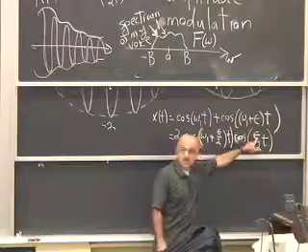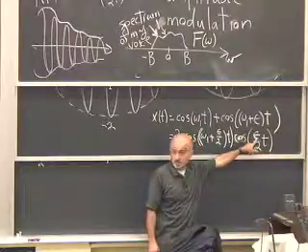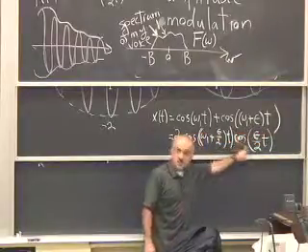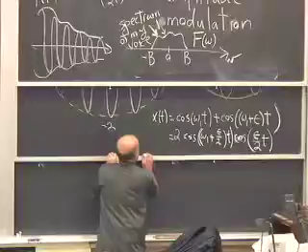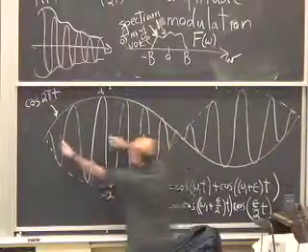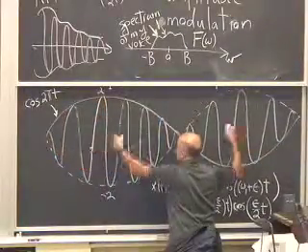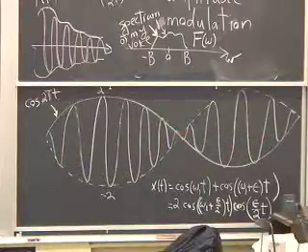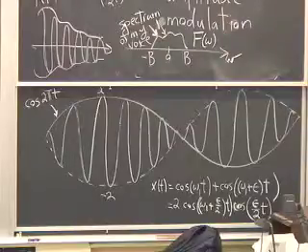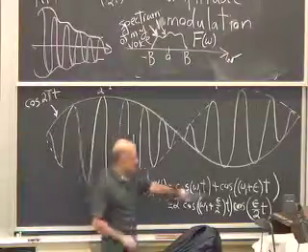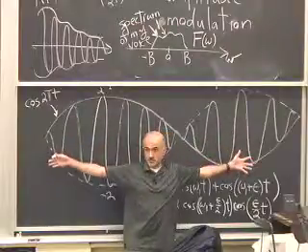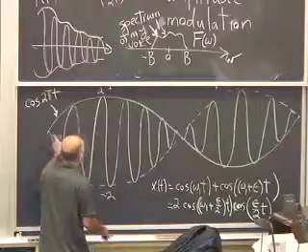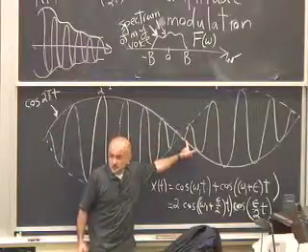So notice, the closer they are, in other words, the smaller the epsilon, the slower varying this second cosine, which means the longer this envelope gets stretched. Correct? Cosine of a very small frequency. This is a small frequency, so its period is large. Period is always the inverse of the frequency. So the period is large, which means the distance between the beats is large.